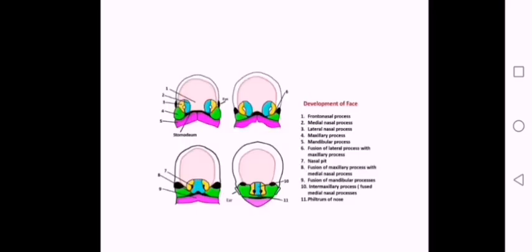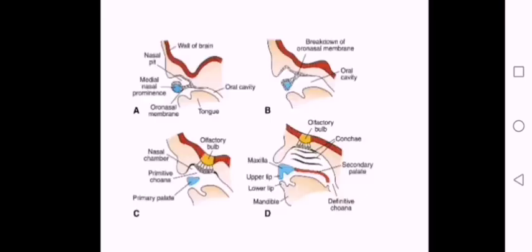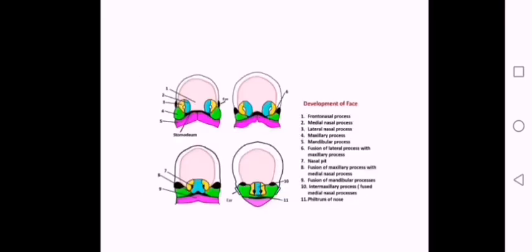Again here, as we can see, this is the maxillary prominence, which is colored green, and the mandibular prominence, which is colored pink, and the frontonasal prominence, which is colored light orange. And both nasal placodes are here on each side of the frontonasal prominence.